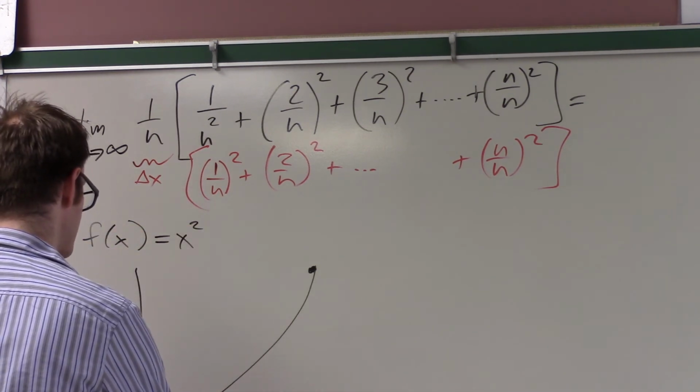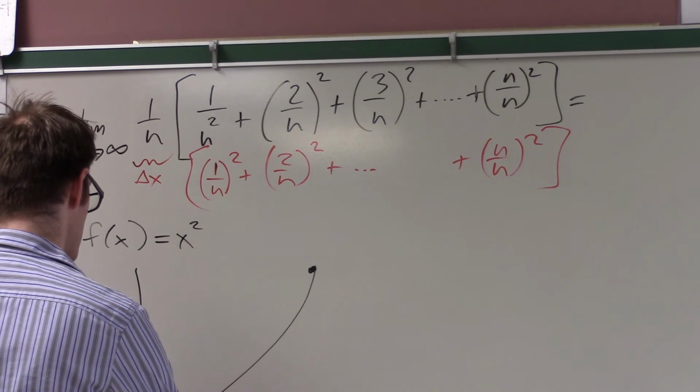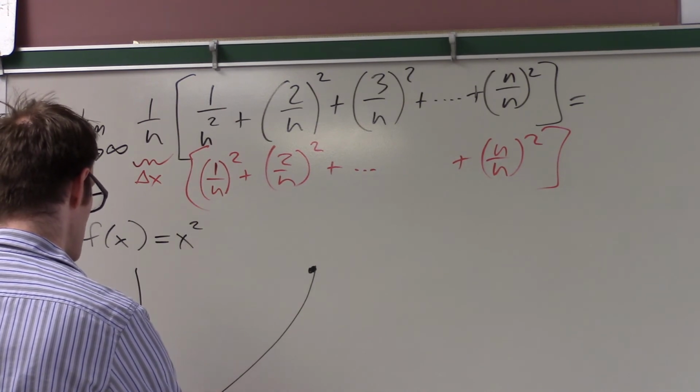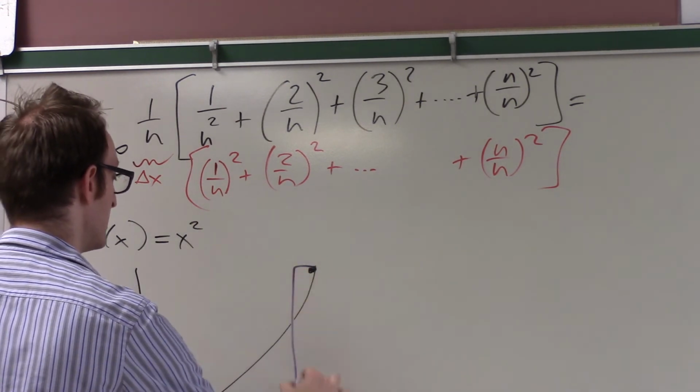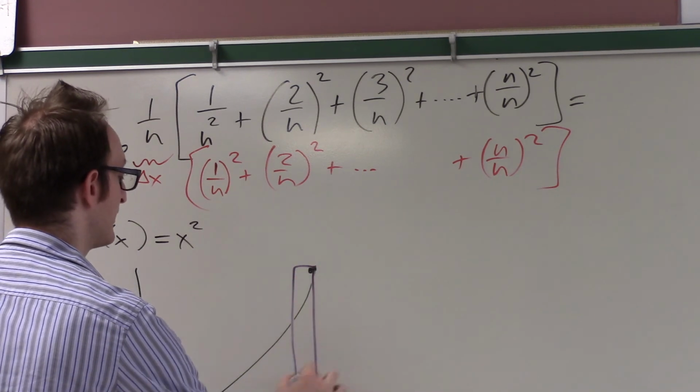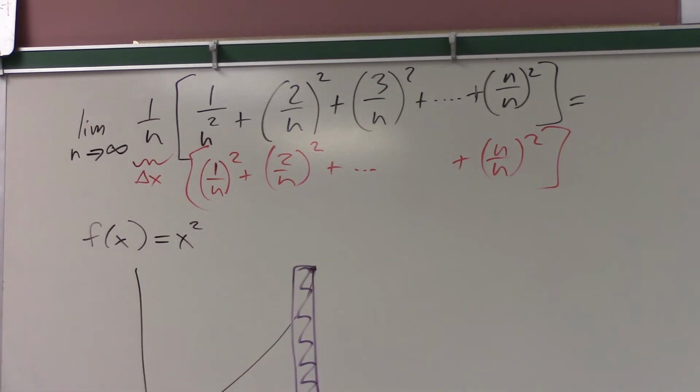Then I'm multiplying by 1 over n, and what I'm really doing is finding the area under the curve from 0 to 1 of the x squared curve. Kind of do that one for you. Is that okay?